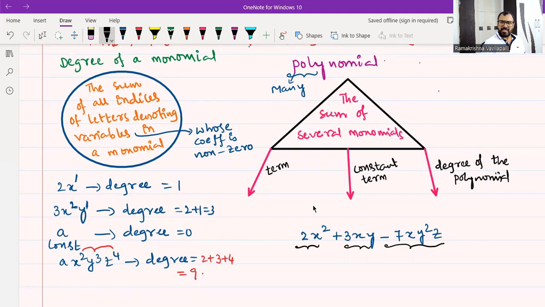So in this, there are several terminologies. What is meant by a term? Each monomial is called a term. Each monomial is a term.